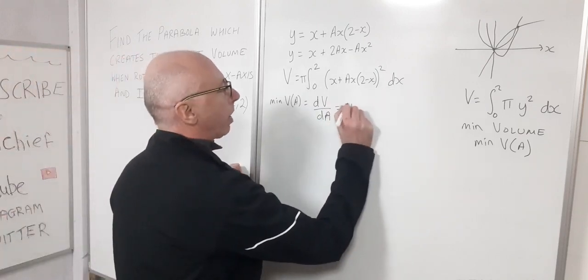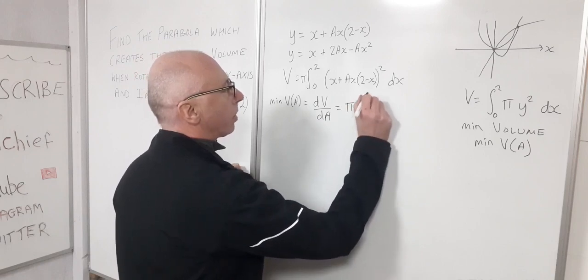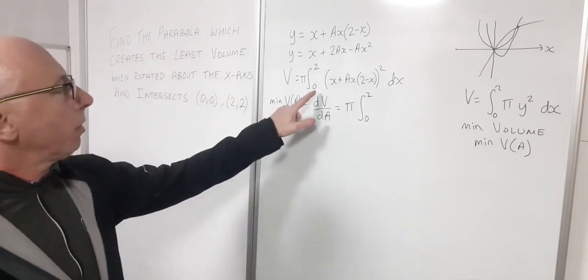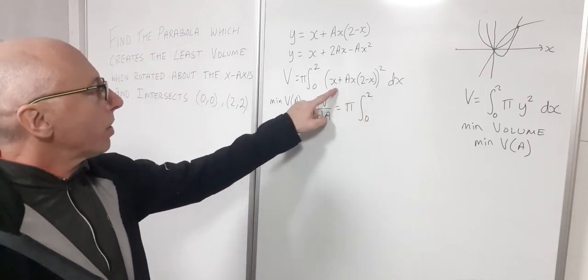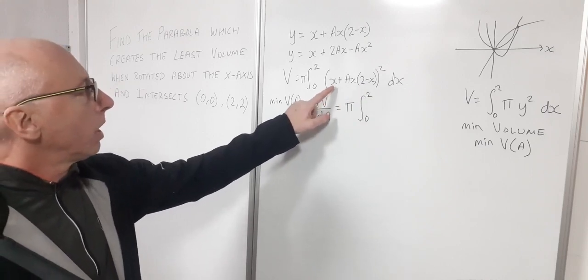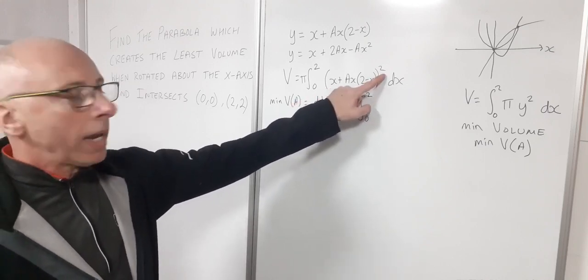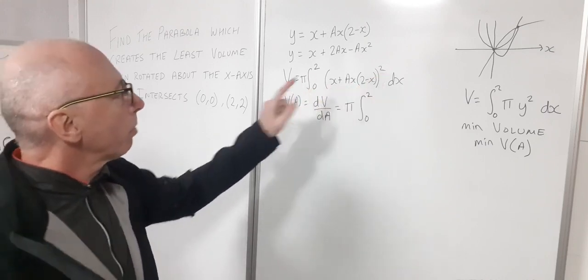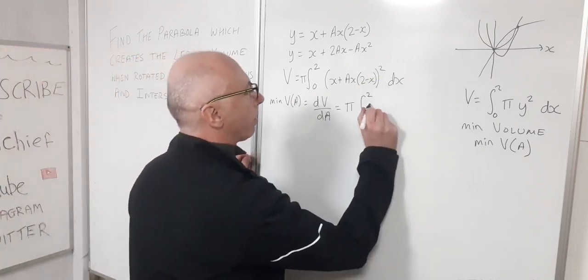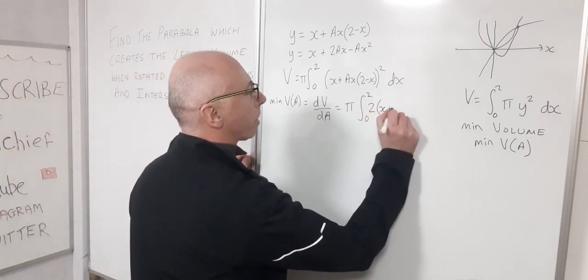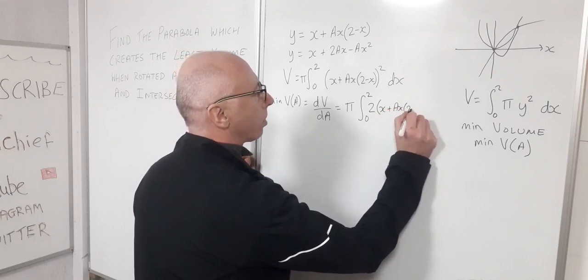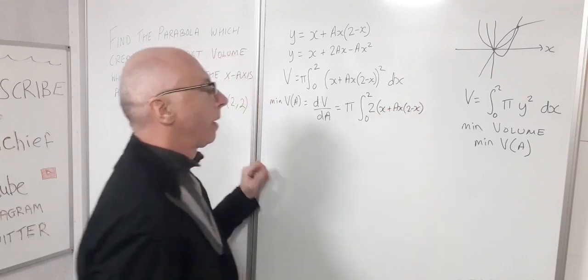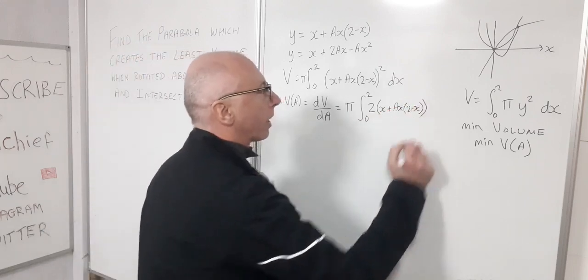So that equals pi, integral from 0 to 2. Now what's the derivative of this with regards to a? Well, we've got the term squared, so using the chain rule we can bring the 2 out front. So we've got 2 times (x plus ax(2 minus x)), all inside the brackets.